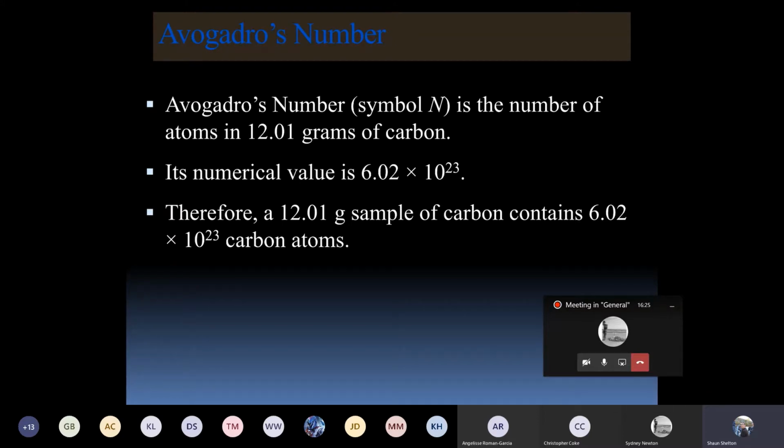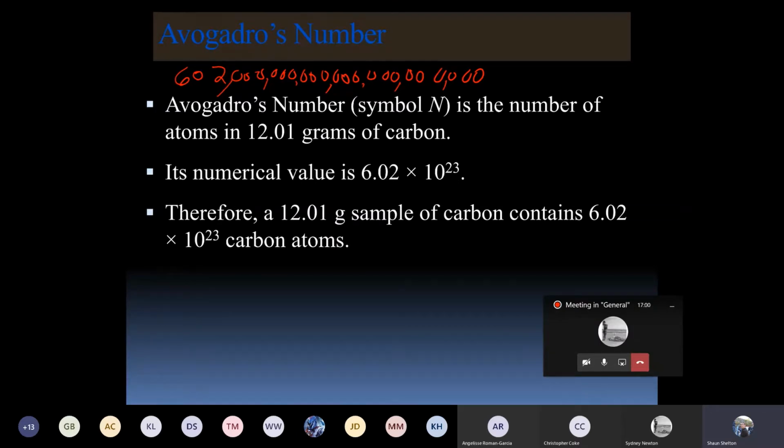atoms. Now, to give you an idea how big that number is, when we look at scientific notation, we understand that 23 is a big number, but really how big is that number? If I started writing this out, I would have a number that big, and this puts it in perspective of how big that number actually is.